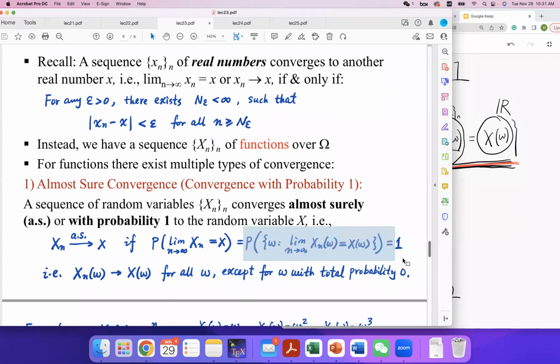Because this set has measure 1. So the complementary case is that for those omegas, this does not converge to X(omega). Those omegas have probability measure 0.